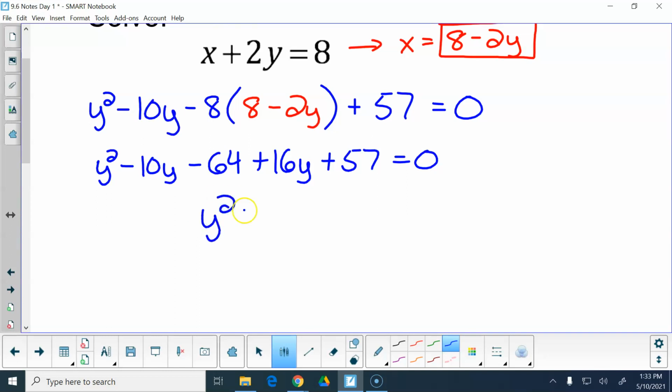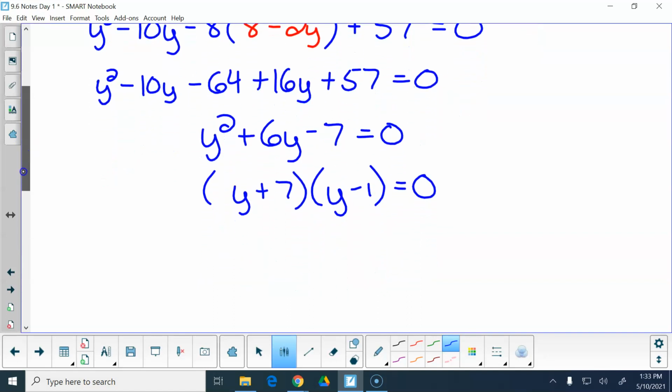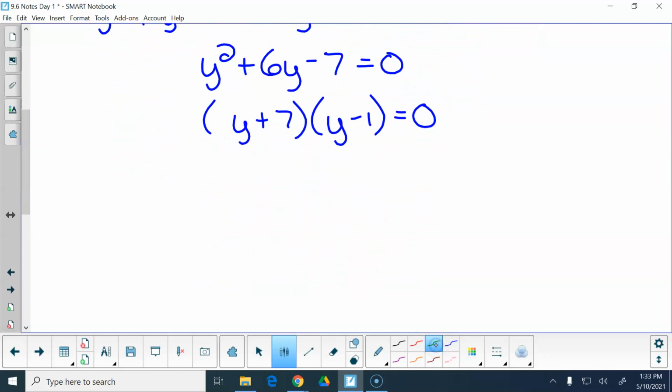Y squared plus 6y minus 7 equals 0. y plus 7 and y minus 1. Negative 7 and positive 1.